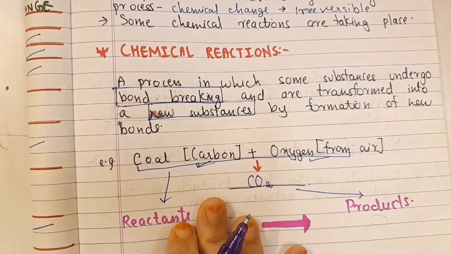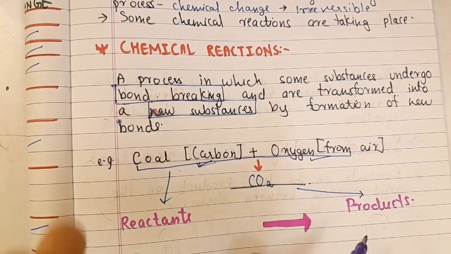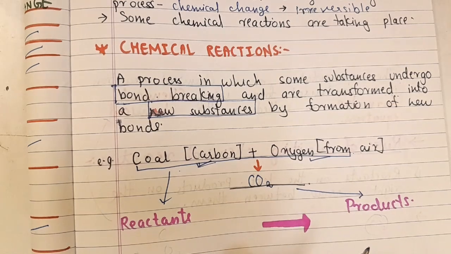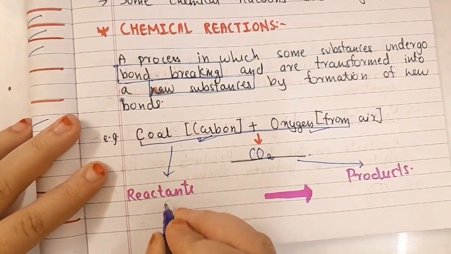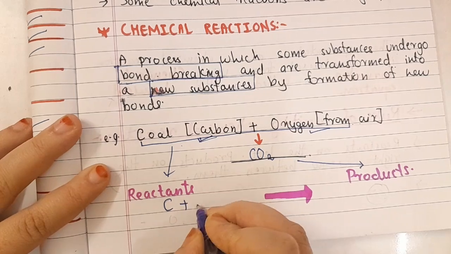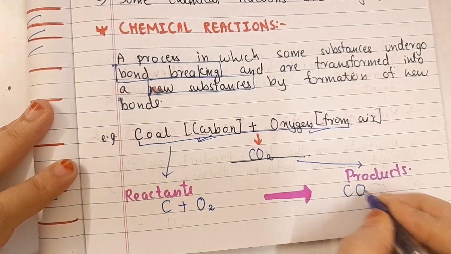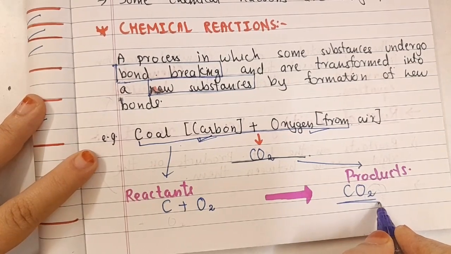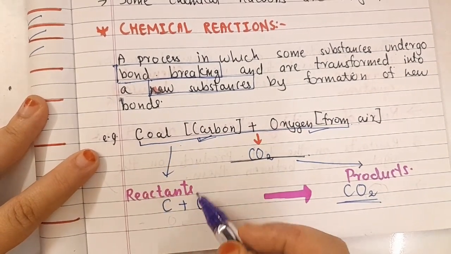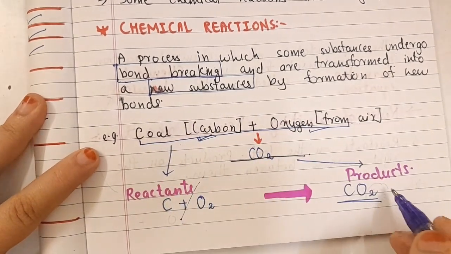So in a chemical reaction, reactants are always written on the left hand side, and products are always written on the right hand side. Here the reactants are carbon plus oxygen, forming a new substance called carbon dioxide. So this is a process in which bond breaking takes place in the reactants, and a new bond forms in the product.